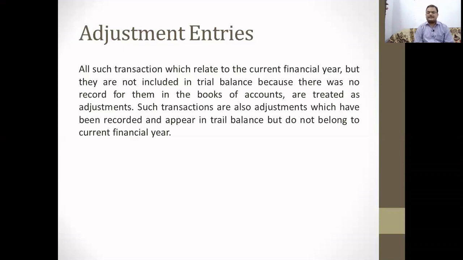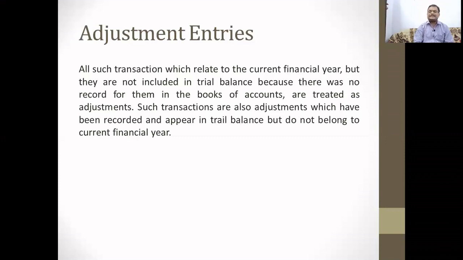These transactions should be recorded at the end of the financial year, because all the transactions that occurred in that particular financial year should be recorded in the same financial year. That should not be carried forward.